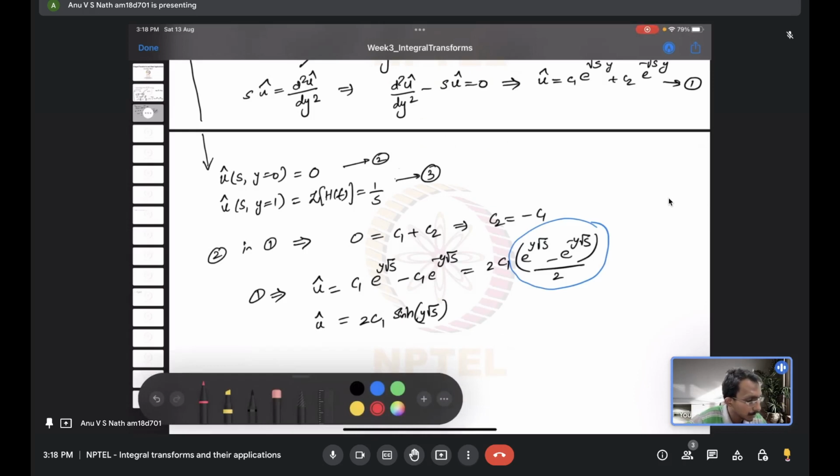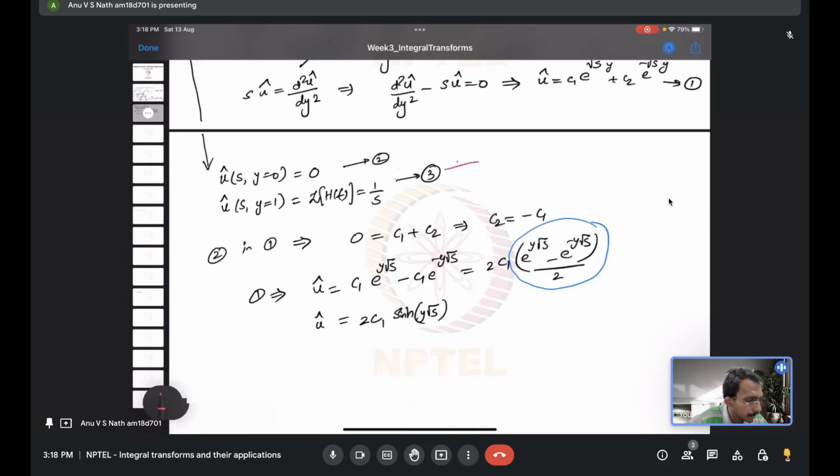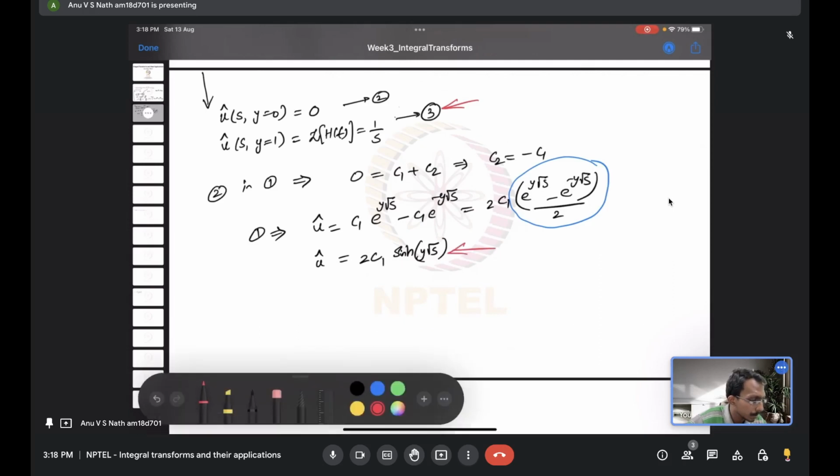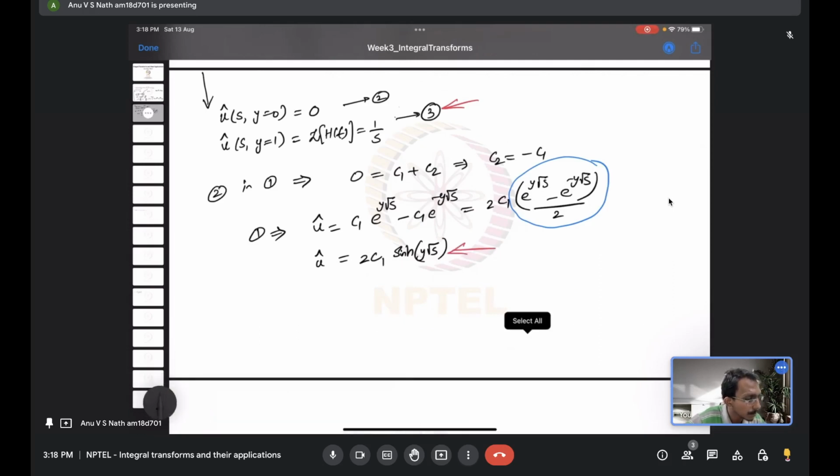Now, if we use the next condition, that is condition 3 on this particular equation, we have at y equal to 1, u cap is given as 1 by s. So that means 1 by s is equal to 2c1 times sinh at y equal to 1.